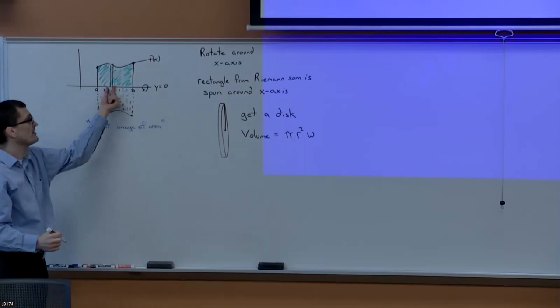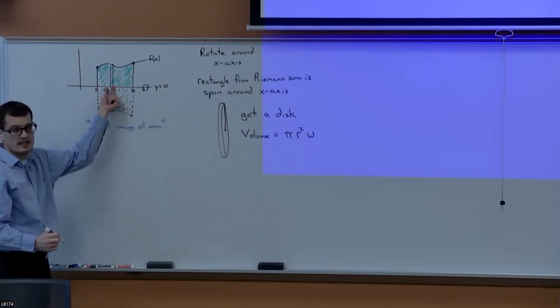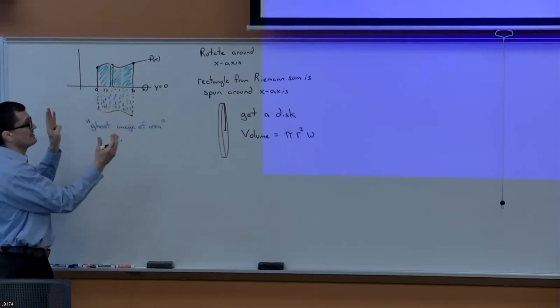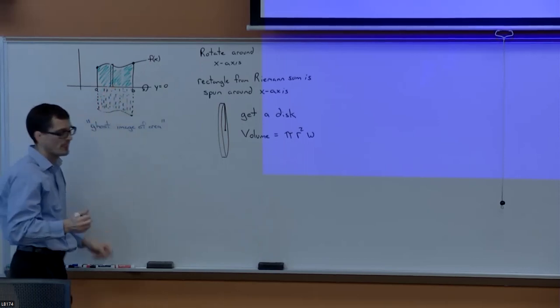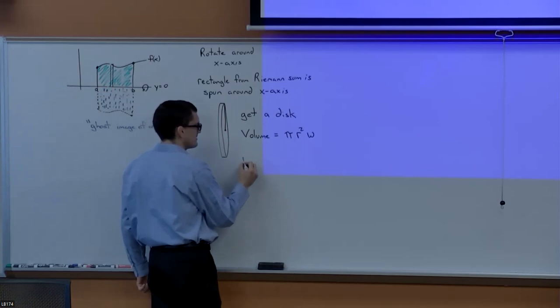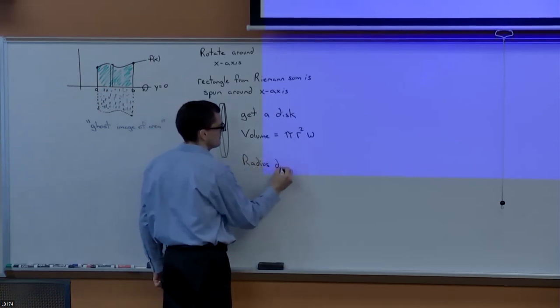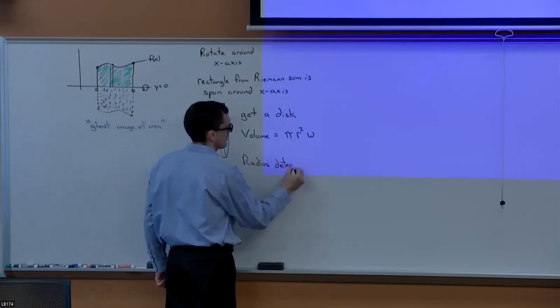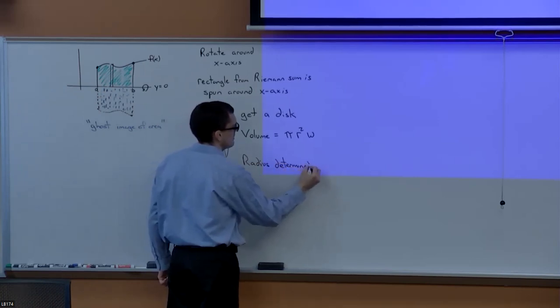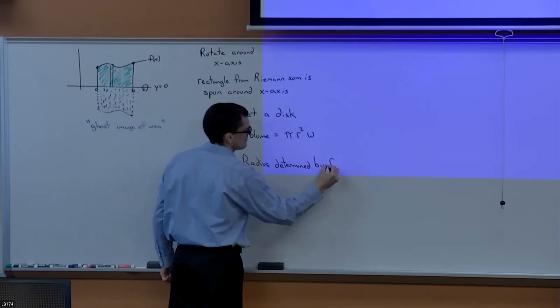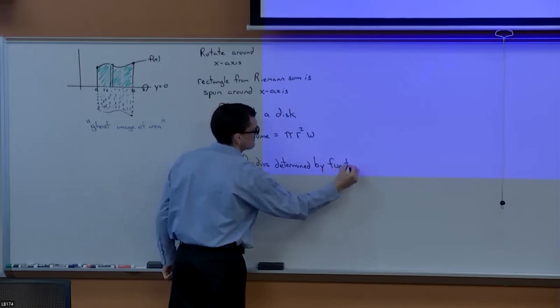The width is just a very small change in x, and then we take the limit as that goes to 0. So the radius is determined by whatever function we have.